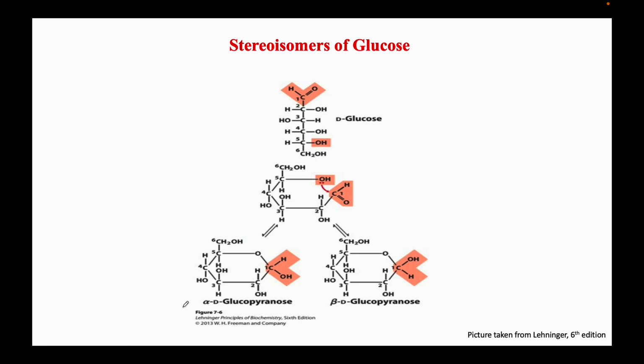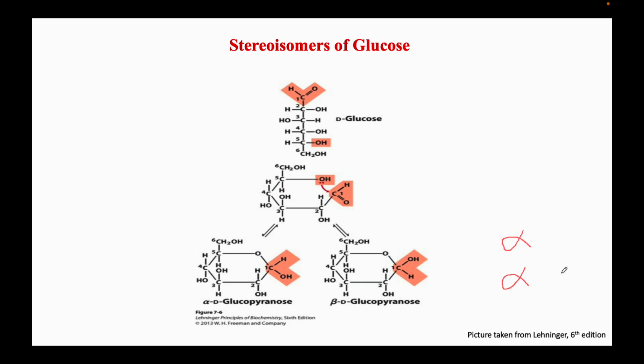This is how I remember it. In alpha we are going down, so to write alpha, I go down. So in alpha the OH lies below the plane of the axis, right?